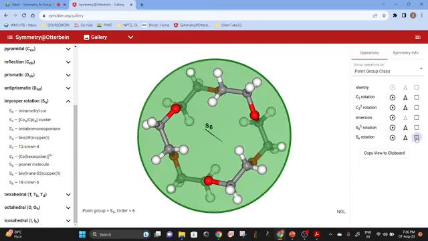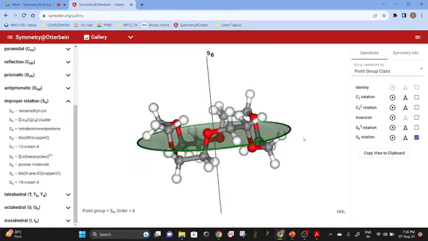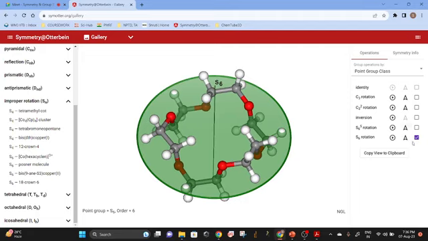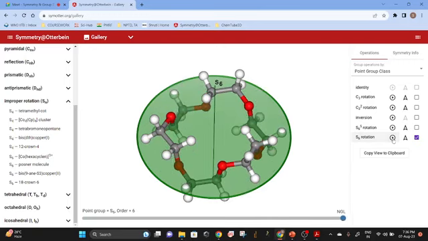Now S6. S6 means how much rotation? 60 degrees.